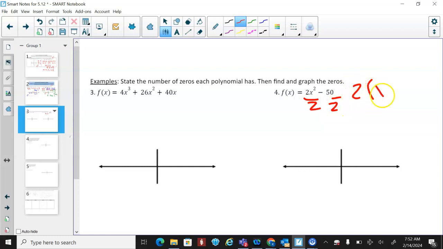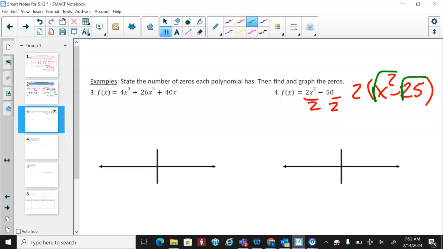So this is going to be 2 times x squared minus 25, because I divided both of those items by 2. Now I put myself in a position, this is a quadratic equation, but as you notice, it's missing a b. So I can use the square root method since I have 25 and an x squared, to square root both of them. I don't know if you guys remember. Or you can simply set it equal to 0.